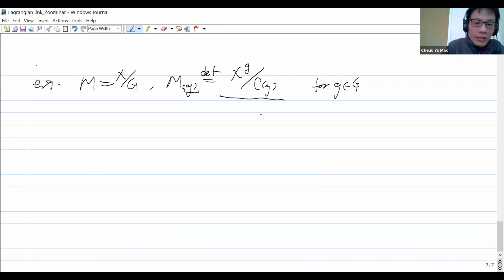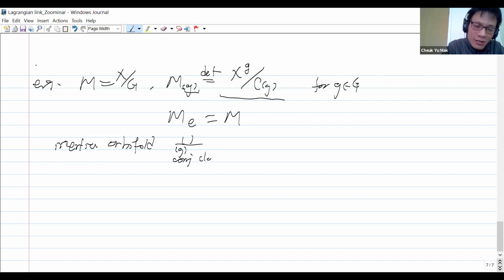For example, M_e will be M itself, where e is the identity element, and in general we have other orbifold sectors. The inertia orbifold is the direct sum over all the conjugacy classes of these twisted sectors.